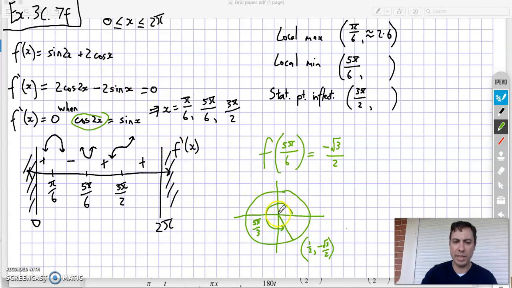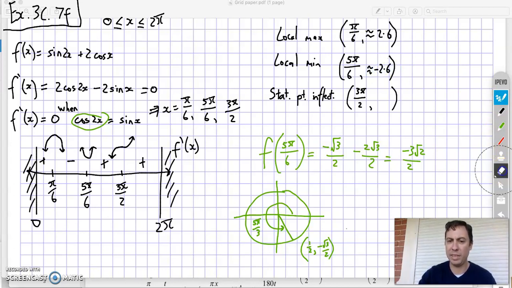Cos 5 pi on 6 is here on the unit circle, and the x-coordinate, or the cos value, is minus root 3 on 2, but we've got 2 of them, so we're doing minus 2 root 3 on 2. That all equals minus 3 root 3's divided by 2, and that's approximately equal to negative 2.6.